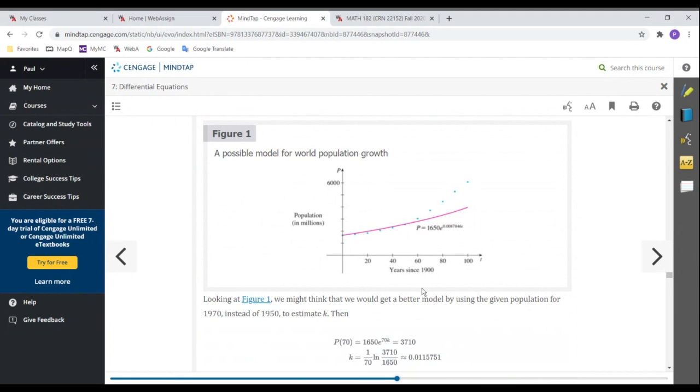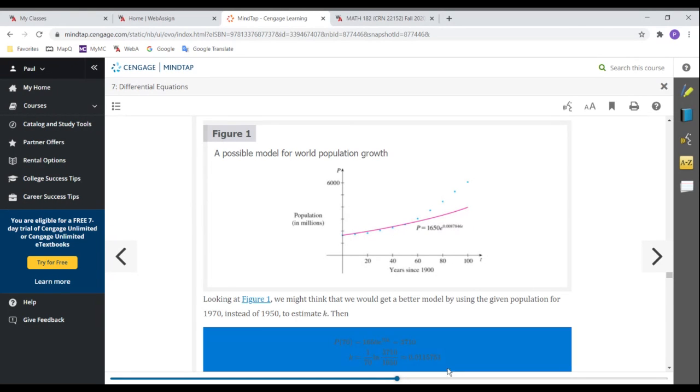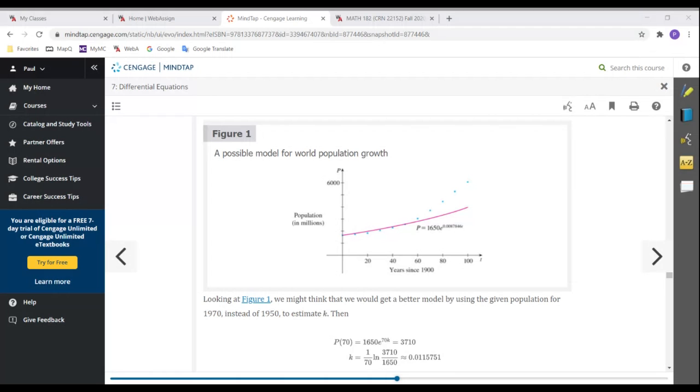So let me ask you, the model does pretty well up till about what year? The t-axis is years since 1900. Our function P of t that we found, which we graph in purple, models the data up till about what year?